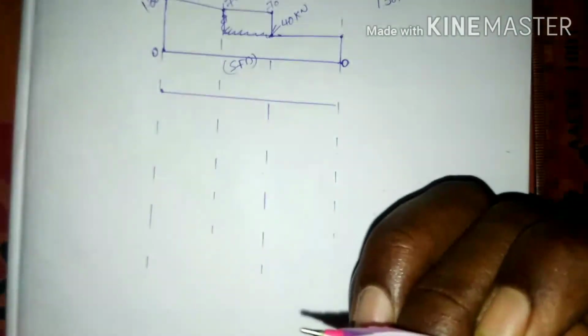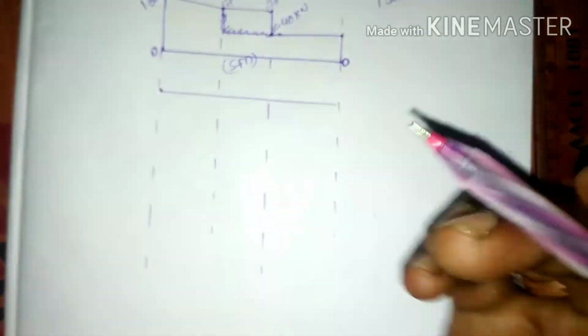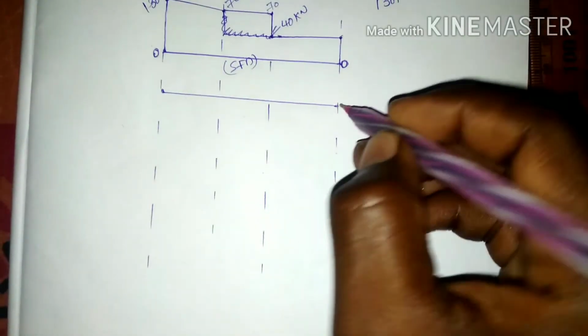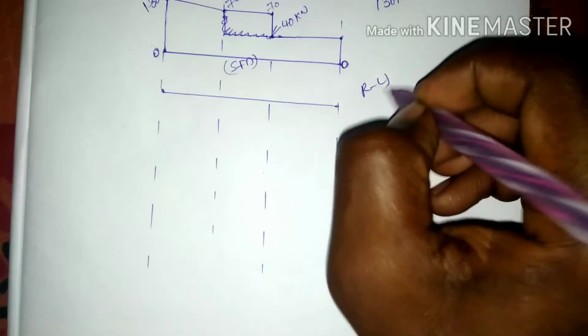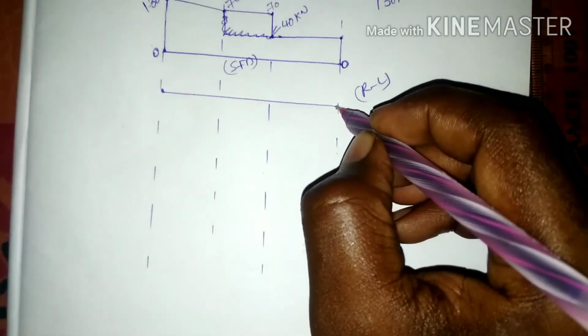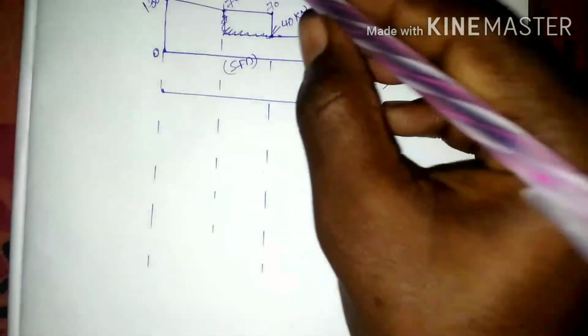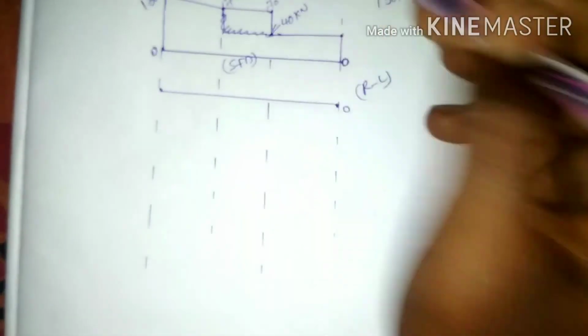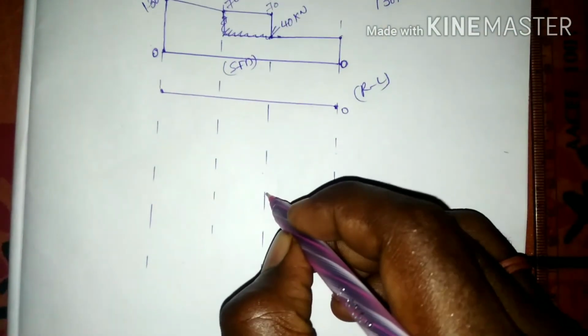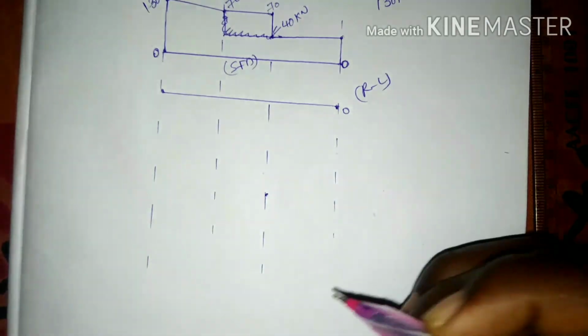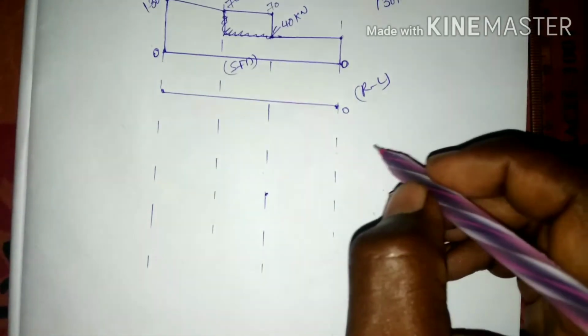For the bending moment diagram, let us consider the moments from right to left. Moment about C is 0, and the moment about B is 40 into 3, that is 120. Let us plot the point at minus 120, because it is a hogging moment.